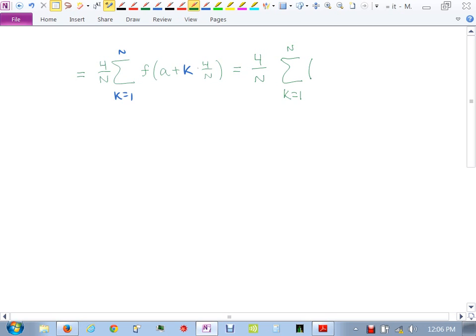to the function. So when you plug it in, you get a plus k times 4 over n. This is the first time I actually put that k up there with the 4. I just slid that k up with the 4 over n. And now I need to say squared. That's the key.